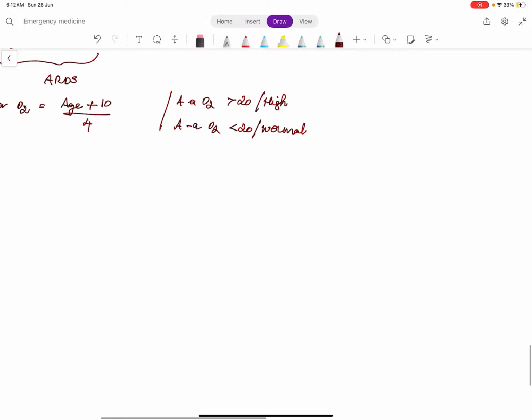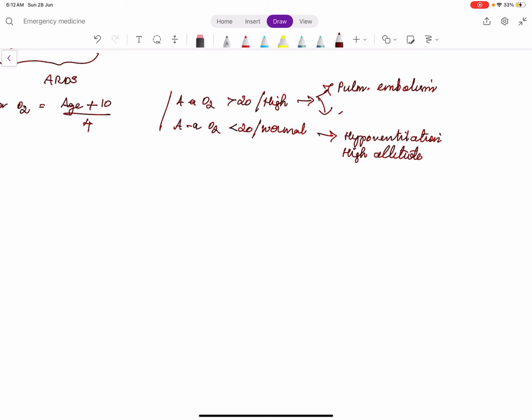If the AA gradient is normal, the hypoxia is either due to hypoventilation from an airway disease, or low inspired alveolar oxygen, like at high altitude. When the AA gradient is high, the inspired oxygen is normal, the ventilation is normal, but the perfusion is problematic, as in pulmonary embolism or a shunt.